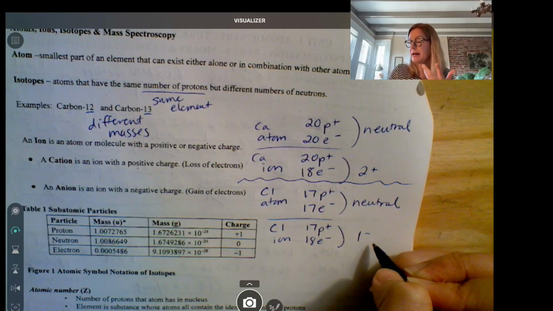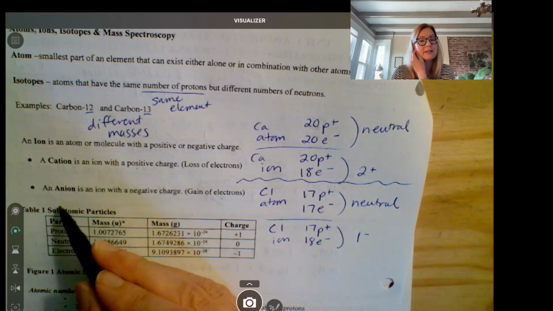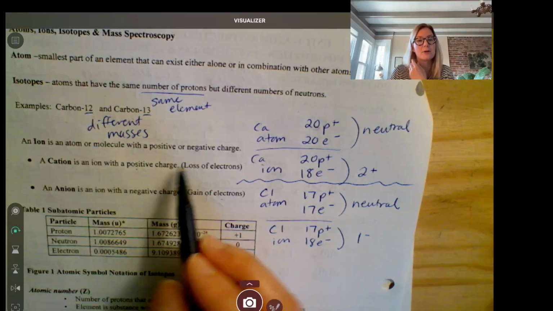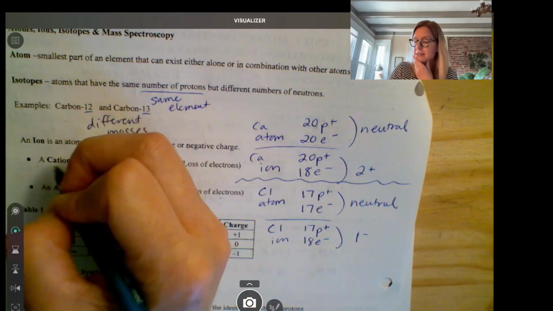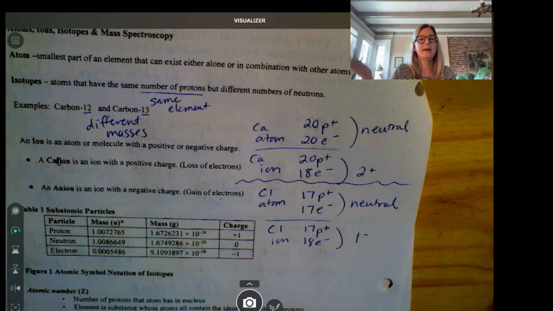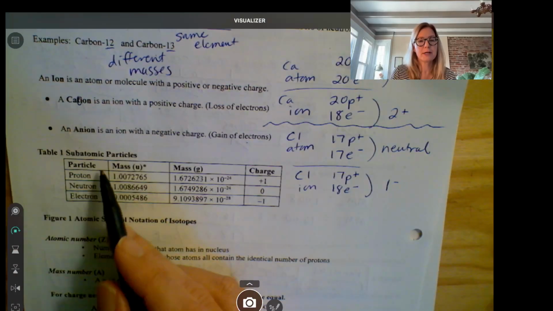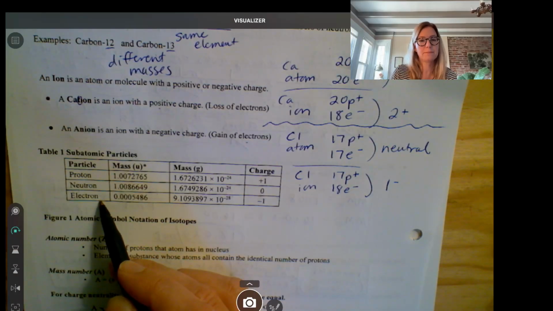So the chlorine ion, because it gained an electron, has a negative charge. We call that an anion. So cations have a positive charge. The T in cations looks like a plus sign. That's how I remember cations are positive. Anions are negative, okay? And then just an overview of our subatomic particles, protons, neutrons, and electrons, okay?